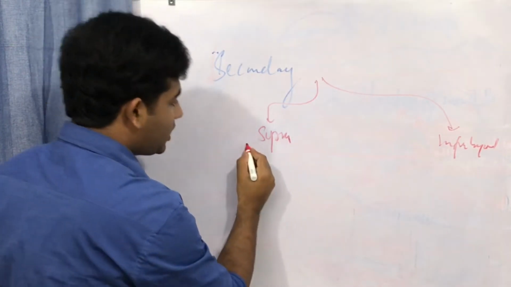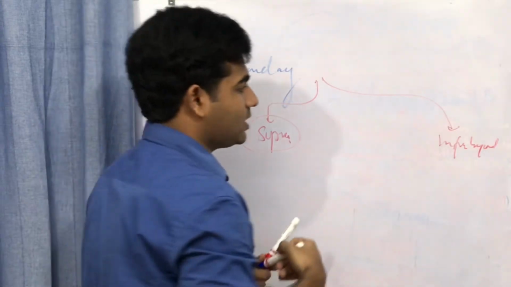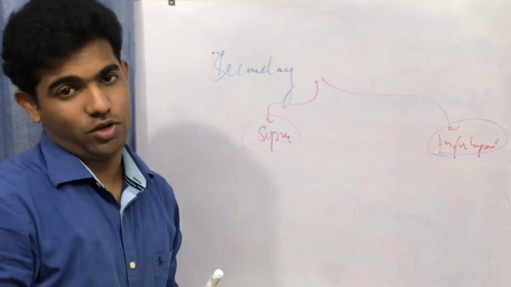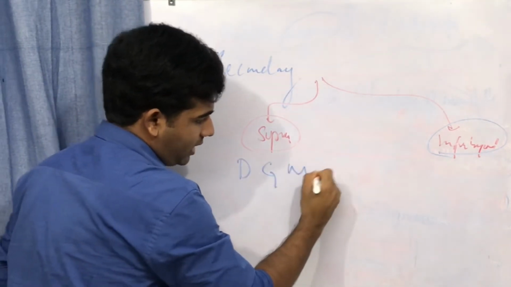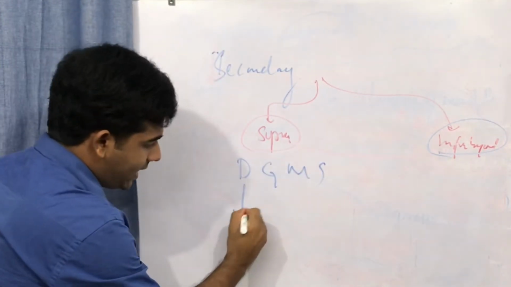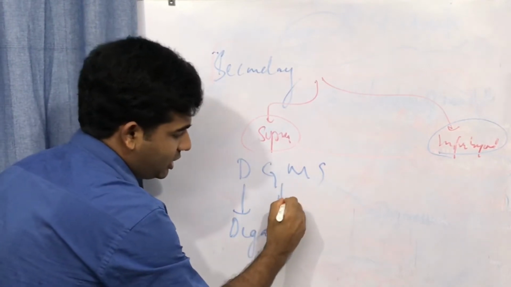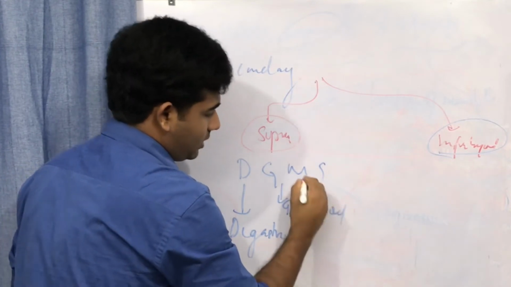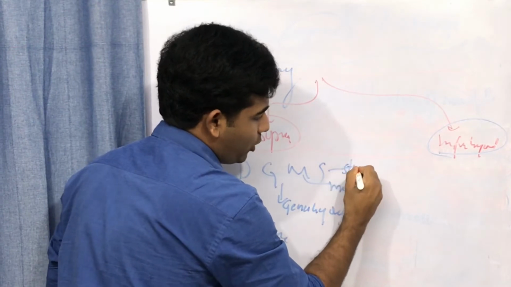The muscles located above the hyoid bone are known as the suprahyoid group, and the muscles located below the hyoid bone are known as the infrahyoid group. Okay, suprahyoid group, DGMS. That is the digastric muscle, geniohyoid muscle, mylohyoid muscle and stylohyoid muscle.